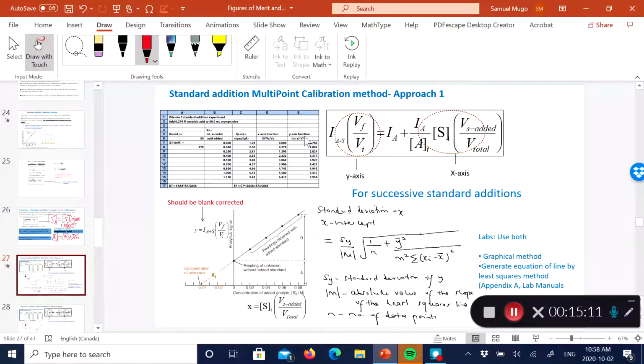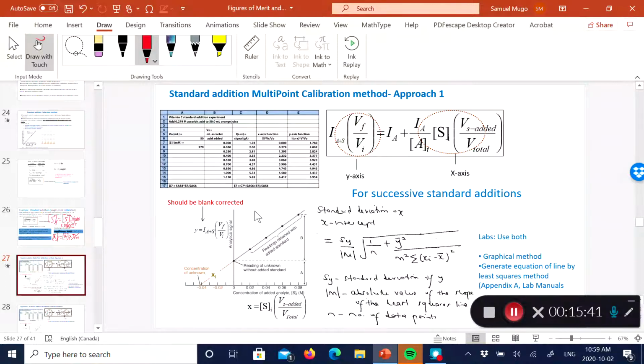Okay, so you typically use this equation. It looks ugly, but it's actually not very difficult to see how it works, and I won't go into the derivation of this. As you can see, typically you would have the signal in the y-axis, and then you'll have the concentration of the different standards in the x-axis. And of course, you already know how to do that.